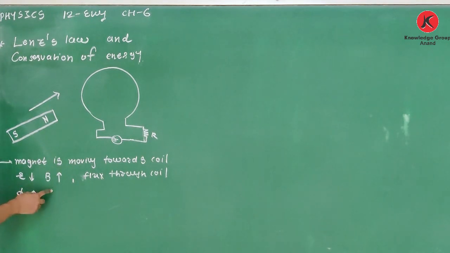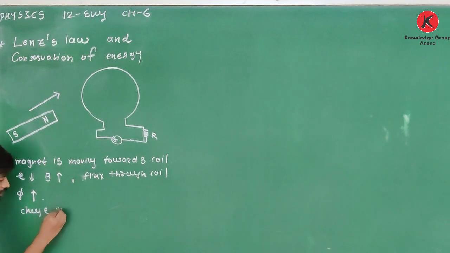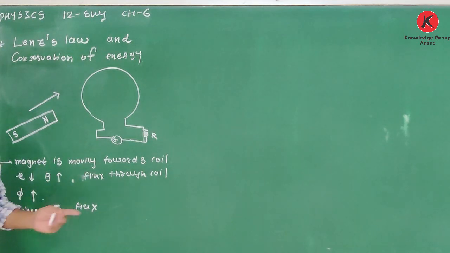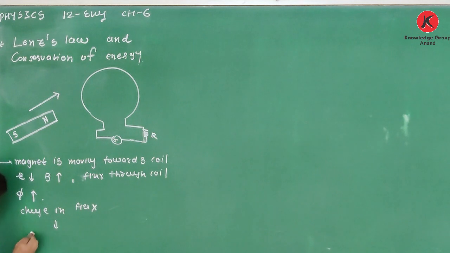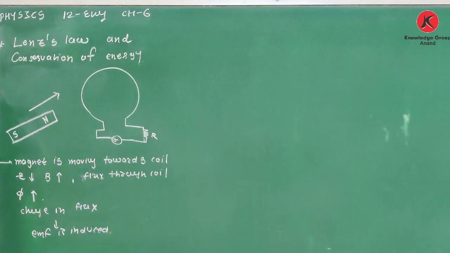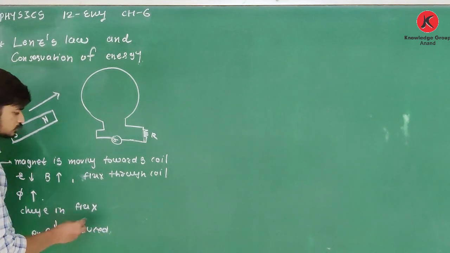Now, the flux through the coil increases, which means there is a change in flux. Due to the change in flux, EMF is induced, and due to the induced EMF, current is generated.